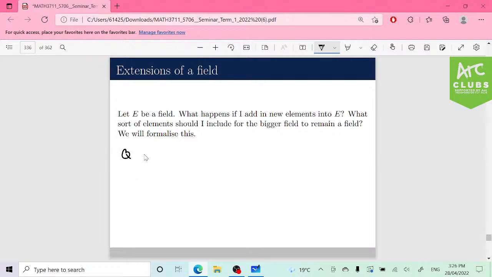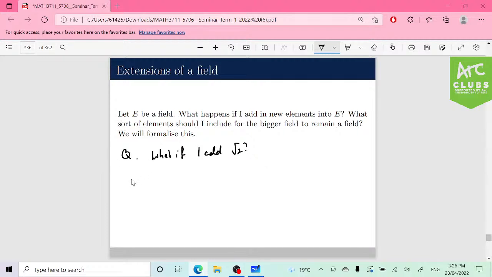And then let's consider what happens if I add the square root of 2 into this field? I want to see what sort of elements I should add to Q so that I can get Q and the square root of 2 together. So the first thing is that it needs to be closed under addition.